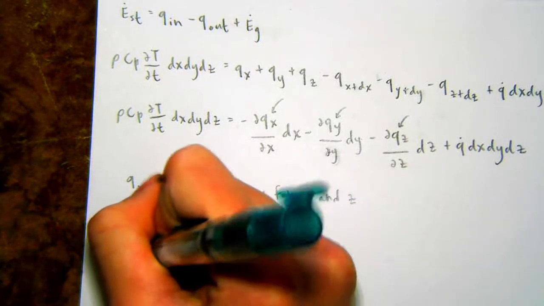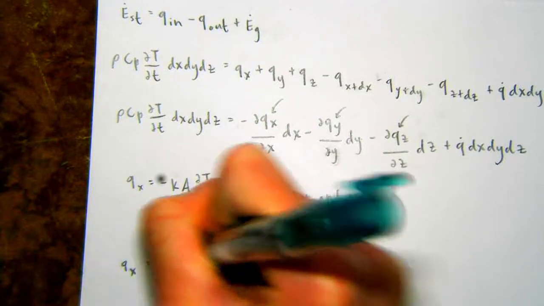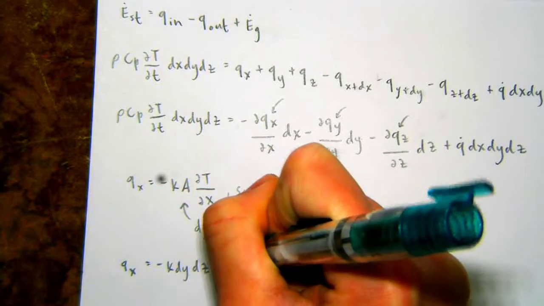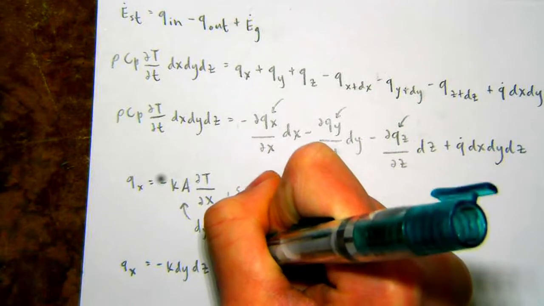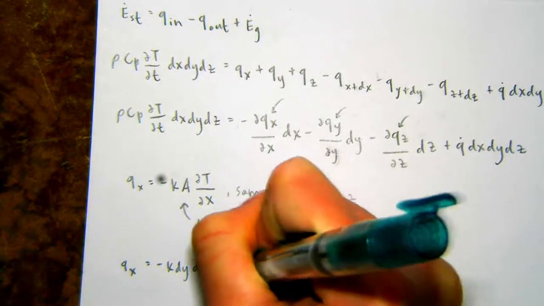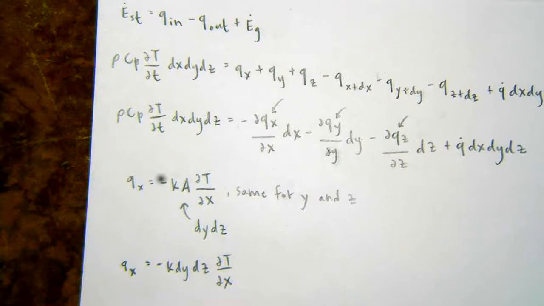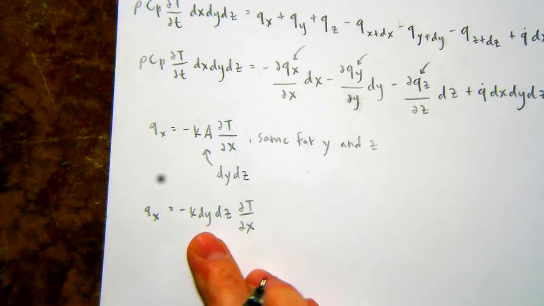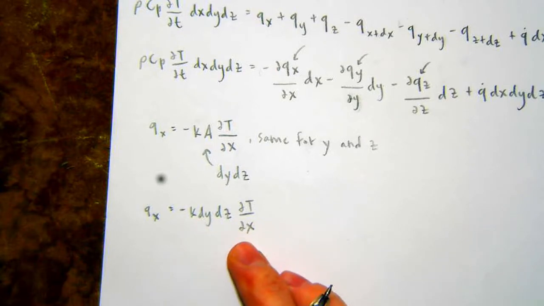So then rewriting that, and again, you can repeat that for y and z, where you just have the differential element being perpendicular to the direction of motion.